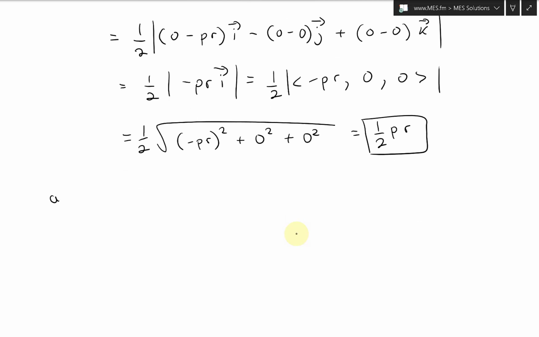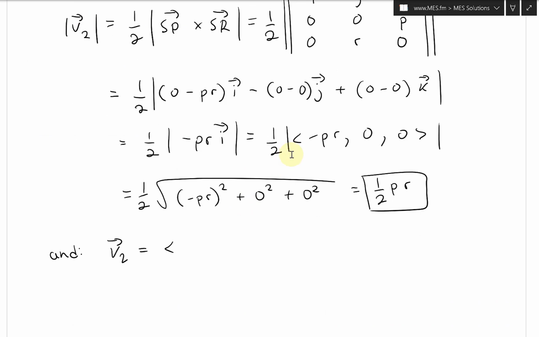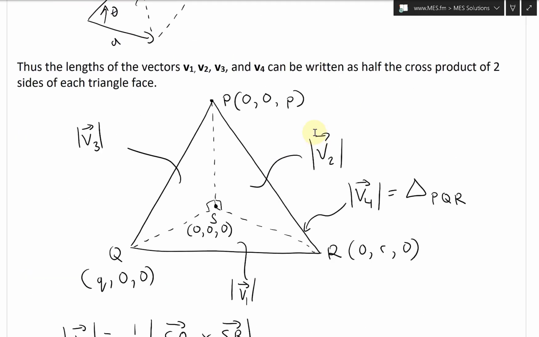And now the vector v2 is going to be equal to, well, let's take a look. So notice that the cross product only has it in the x component. And if you look at the face right here, so there's the face, there's the area, and it's going to be perpendicular and pointing outwards. In other words, it's going to be pointing outwards this way. Perpendicular to it, will start from the s value, and it's going directly opposite of q, this face, and this x-axis there.